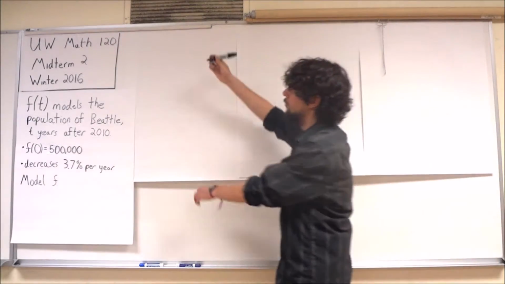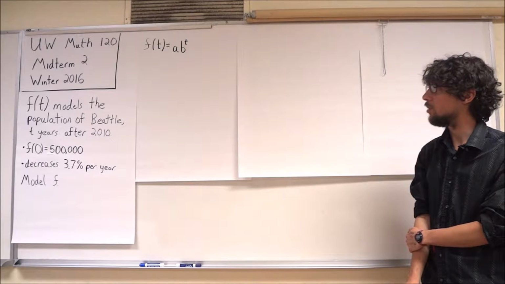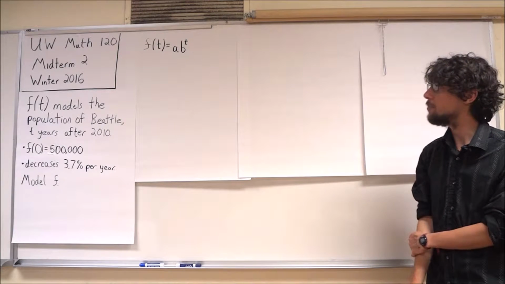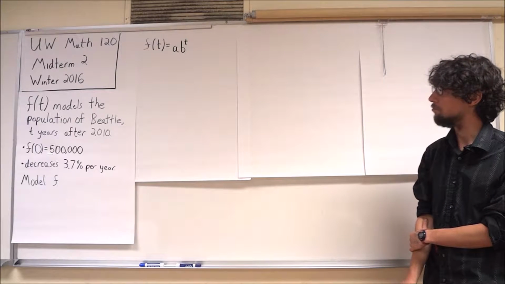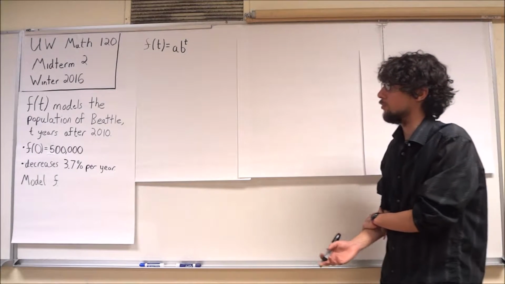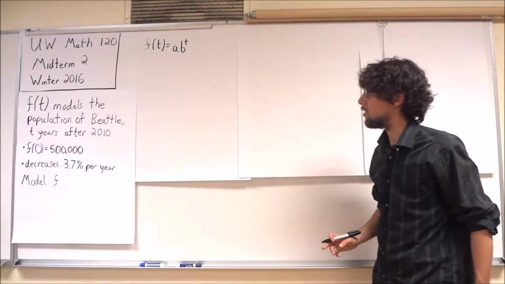So we're going to have something that works more or less like this. This is a typical form of an exponential function. There's a couple of different standard forms for exponential functions. Let's see what we can do with this one.